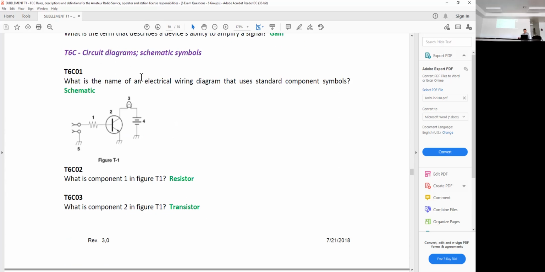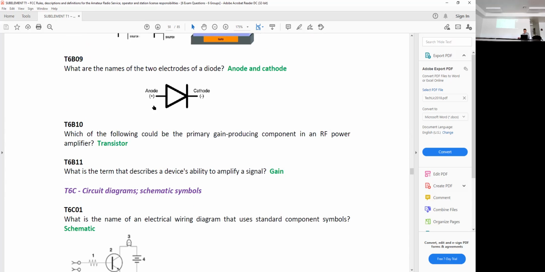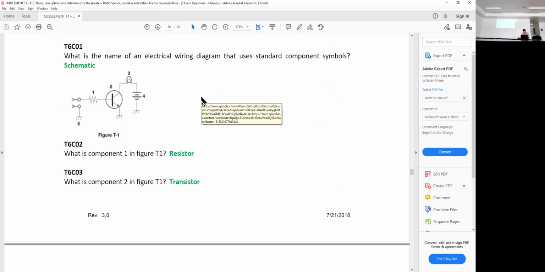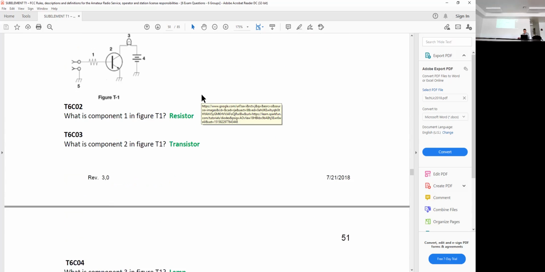So these days, you pretty much wouldn't ever see a lamp. You'd see a light emitting diode there instead. And the symbol for a light emitting diode will be similar to the regular diode, but it'll have little photons coming off of it. There may be a picture of one later, I don't remember.